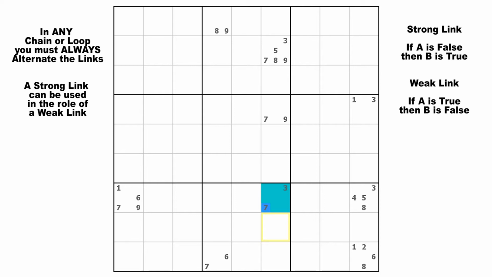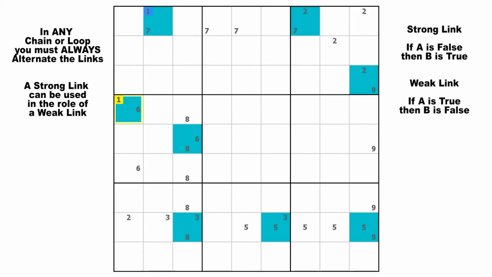But here is where it gets interesting. If you are using the internal link as a strong link, then the next link in the chain, which will be the link coming out of the BVC, can be any link, weak or strong, because it only needs to be weak. So this really increases your options of where you can go next.